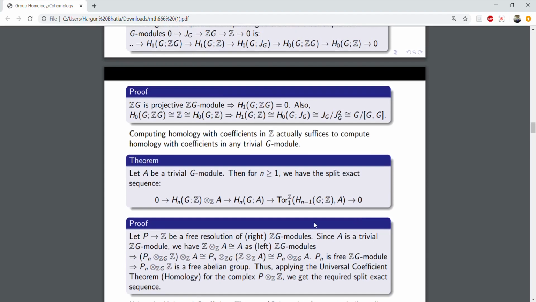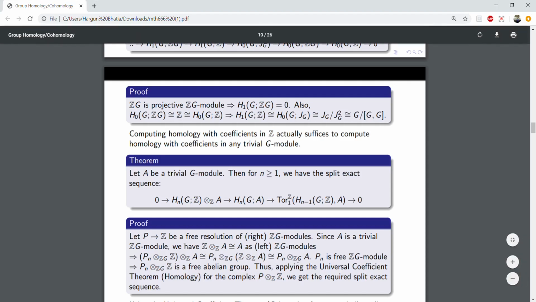So, how do we do this? If you look at any free resolution of Z as ZG modules, note that to compute this, you need to take this tensor product Pn tensor over ZG with A, for any Pn in this complex.